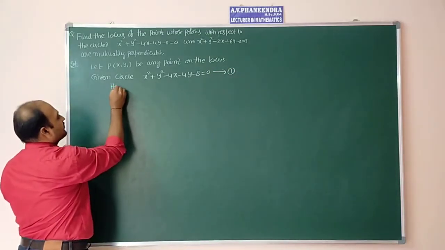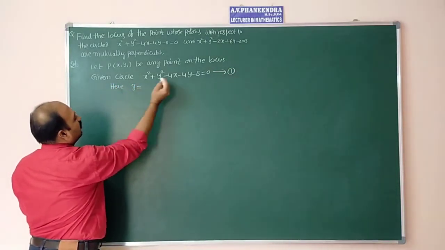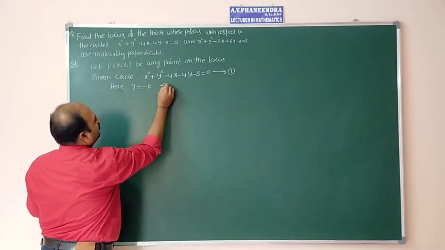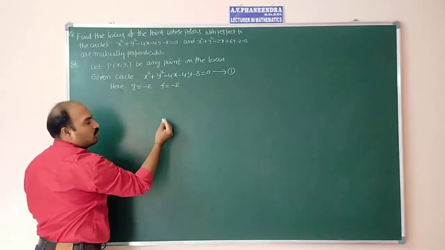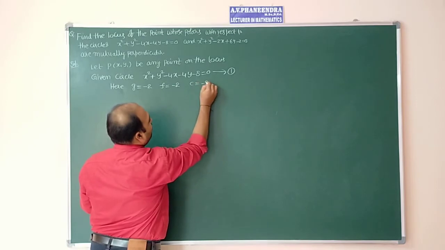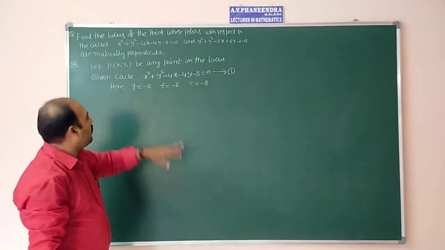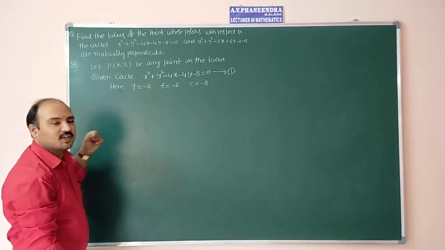Write the values of g, f, c here. Here 2g = -4, so g = -2; 2f = -4, so f = -2; and c = -8. Now I am calculating the polar of this point with respect to the first circle.